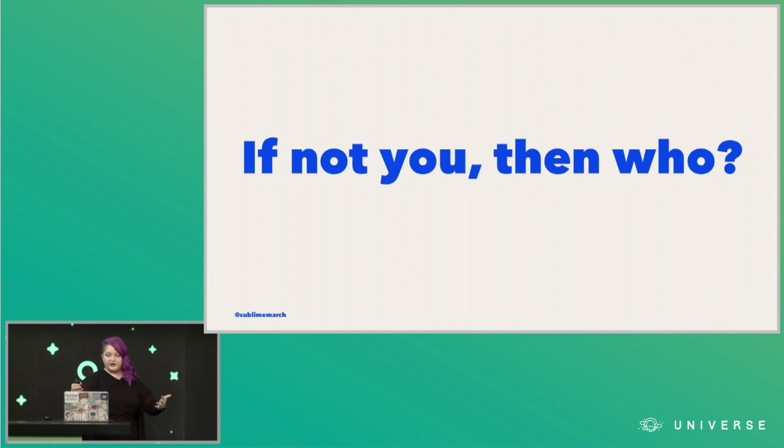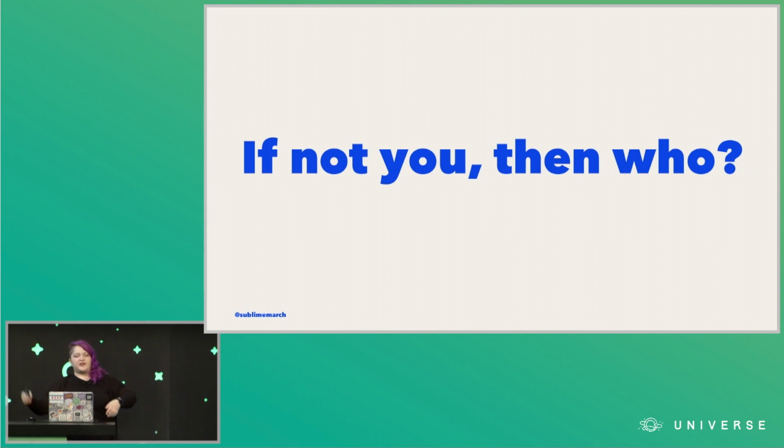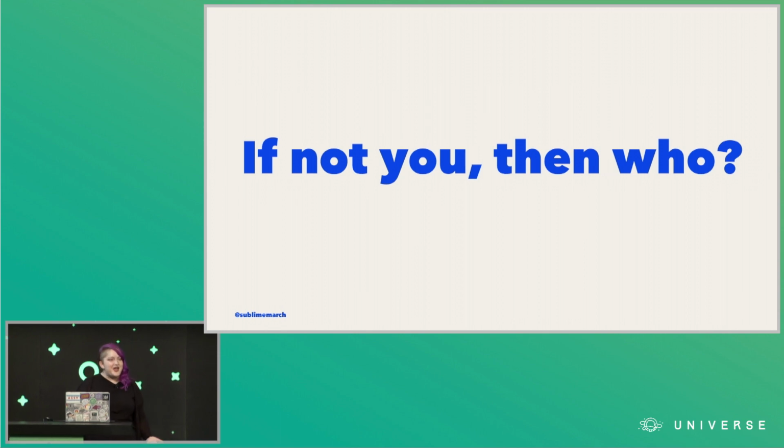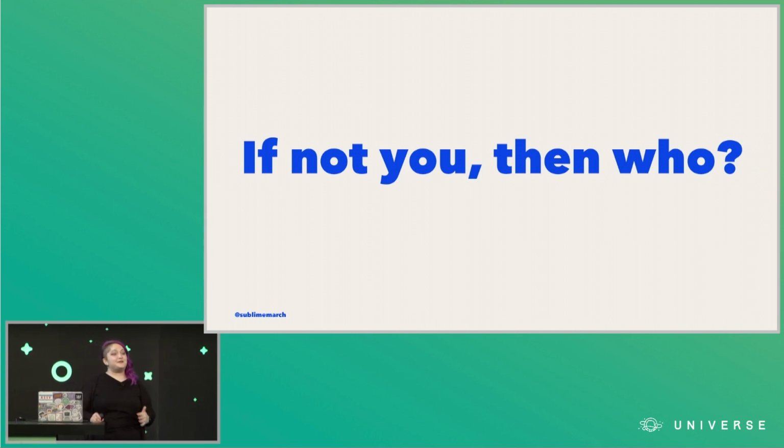Now, maybe where you work, you have an entire internal team devoted to accessibility with QA and user experience and designers and front-end engineers, and it's this beautiful cross-functional team, and they meet every Wednesday, and they talk about accessibility. Cool. If you have that, that is awesome, and I want to know where you work, right? But most places do not have that.